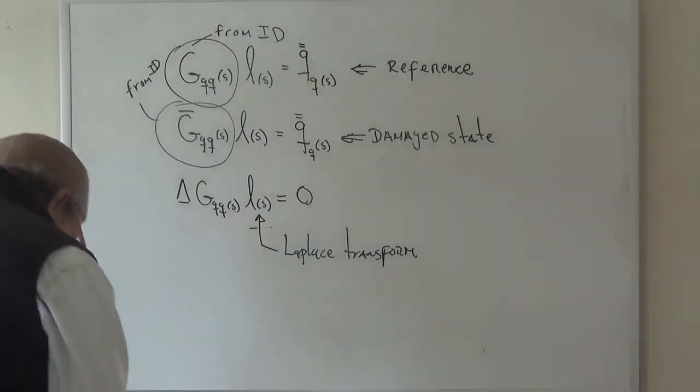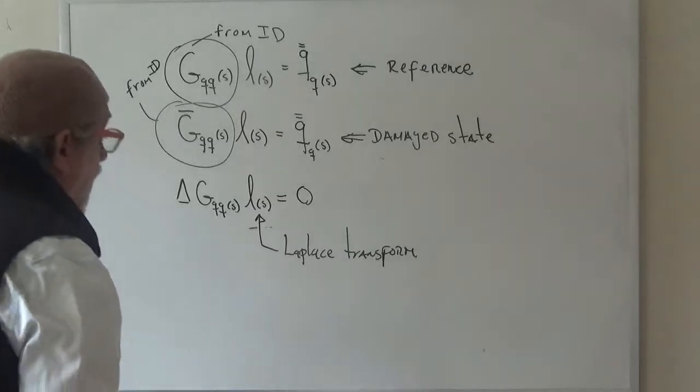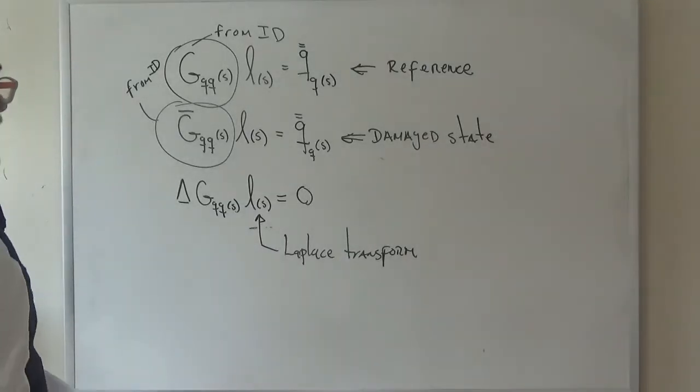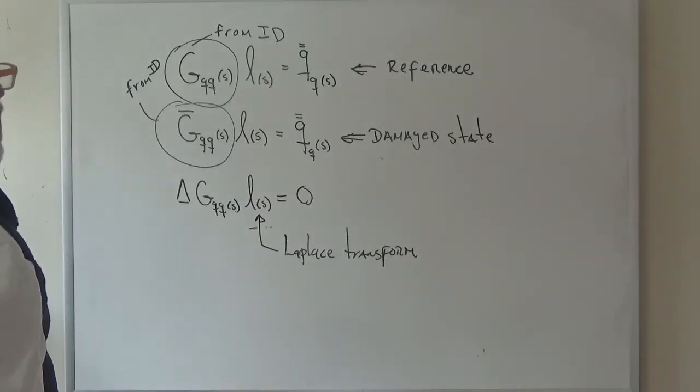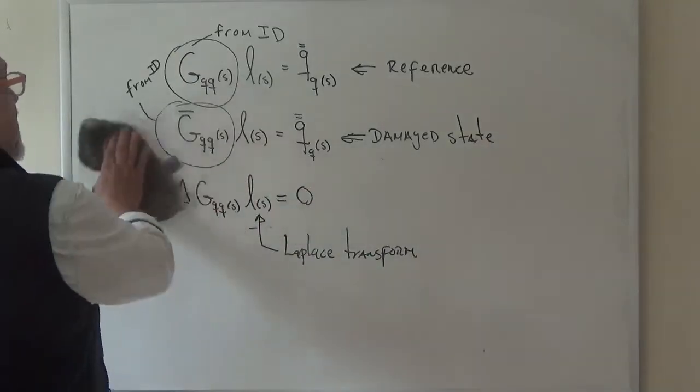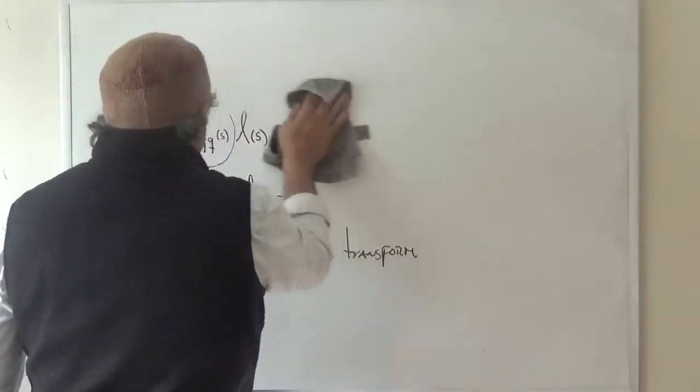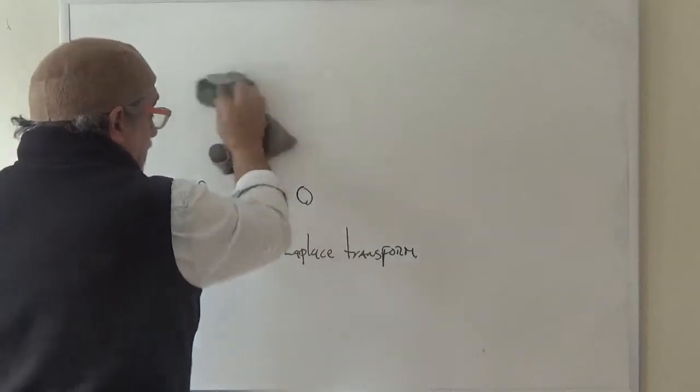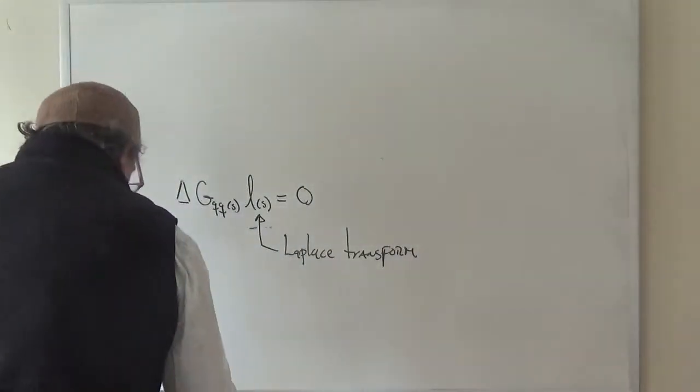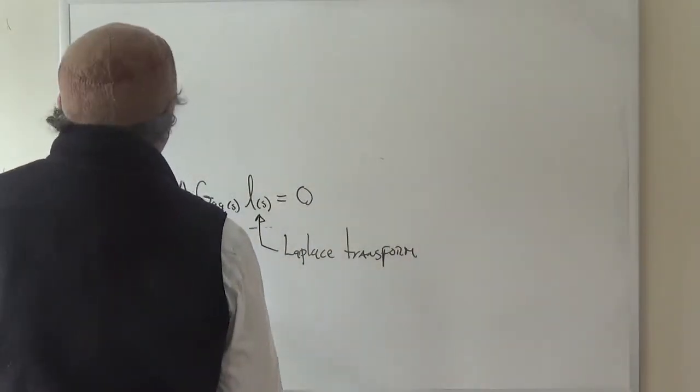So to do that, there is a way to go back to the time domain, and it's explained in the original paper, but it is much more practical to operate all the time in the Laplace domain. And I think I can show you without too much trouble why that is so.